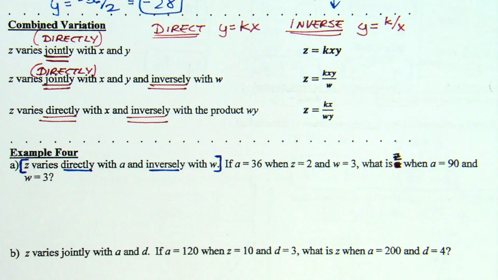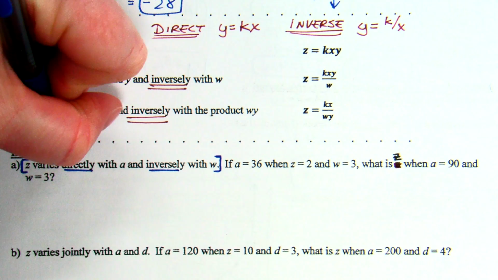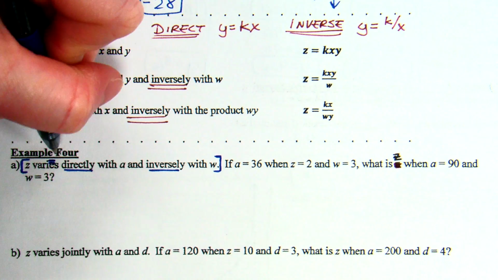You just put Z in that. Right. Okay. So first of all, and that's what I need to point out, it says Z varies. That word varies kind of acts as your equals there. So when I say Z varies, that to me says I'm going to say Z equals.